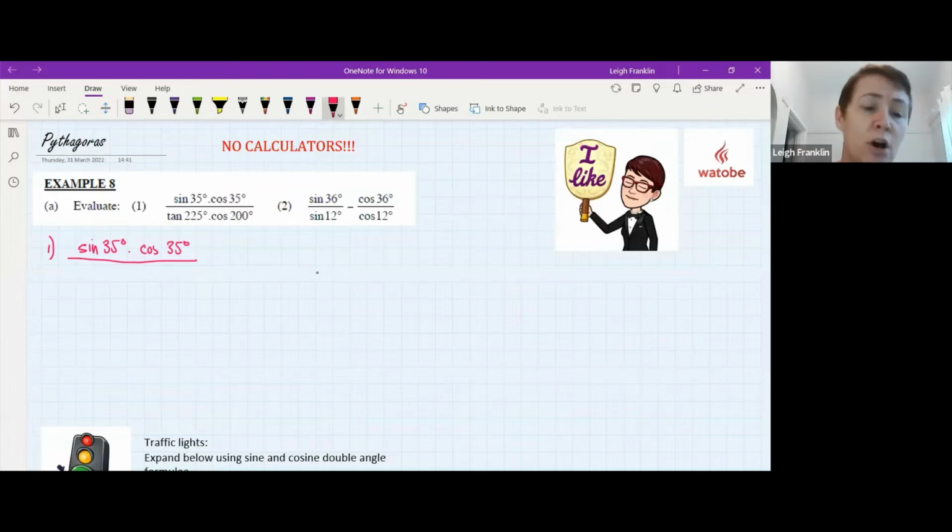Tan 225, that's quadrant 3, where tan is positive. So this is going to reduce to positive tan 45, and hopefully you already know what that is equal to. And then cos 200, which is also third quadrant, where cos theta is negative.